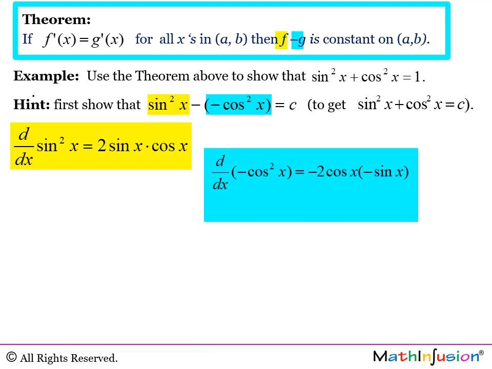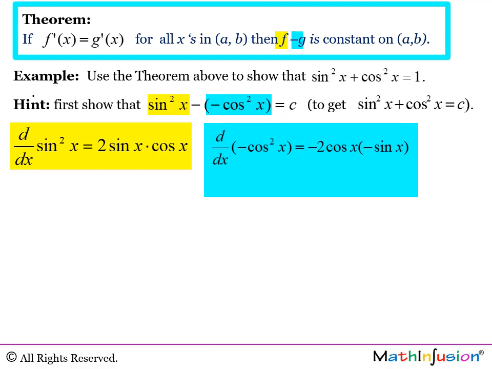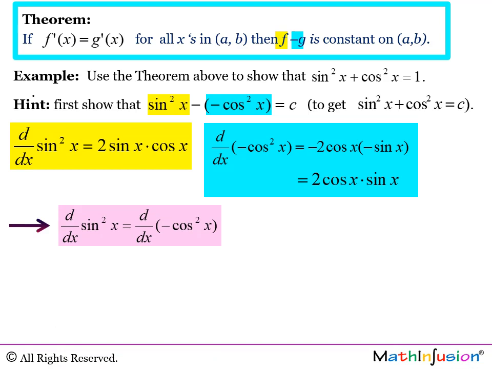Now we will differentiate g, which is negative cosine squared x, and we get, by the chain rule, negative 2 cosine x times negative sine x, but after we simplify, we get 2 cosine x times sine x. We get the condition of the theorem. The condition of the theorem was that the derivatives of f and g are the same. Here's the condition of the theorem.